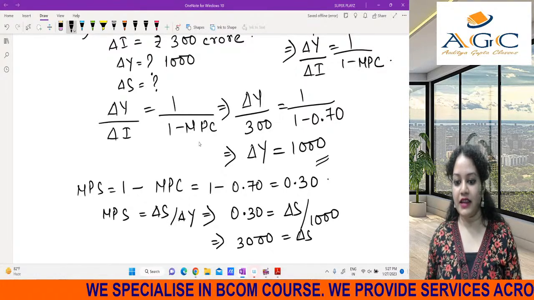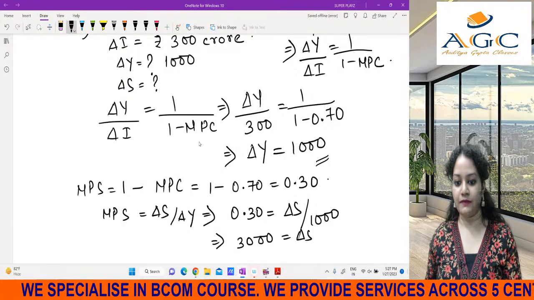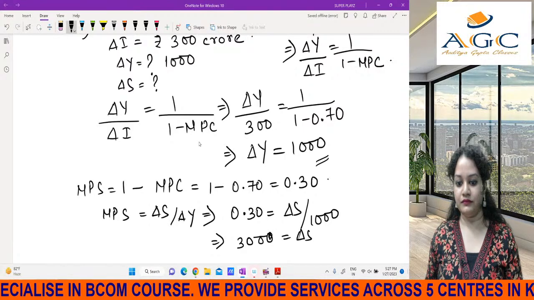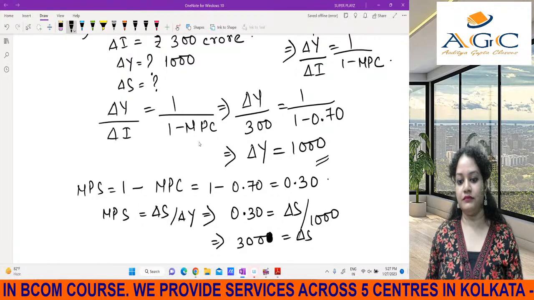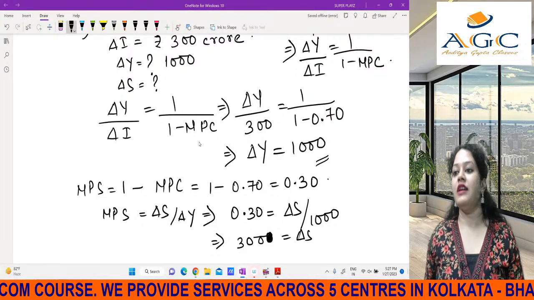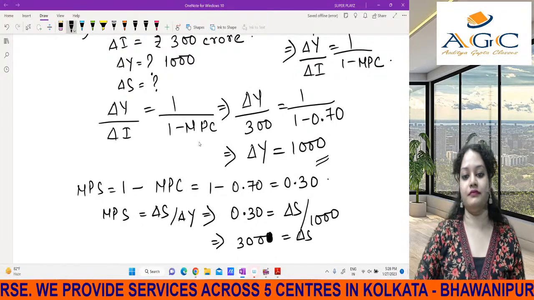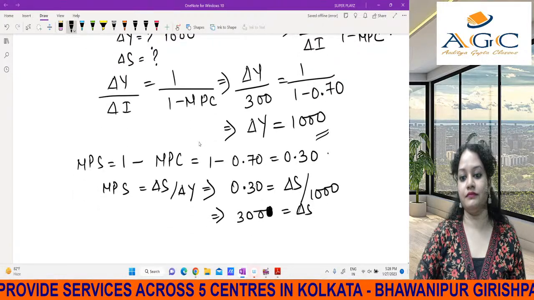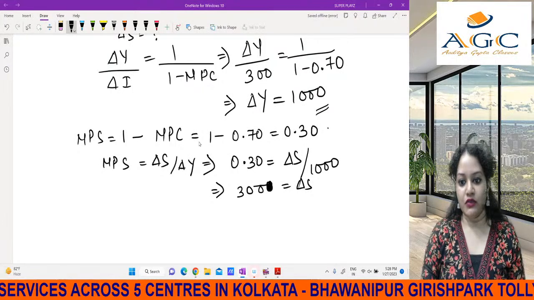What's the value of delta S? Anybody got the value of delta S? I hope this sum is clear to everyone.